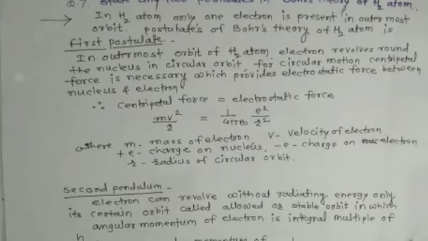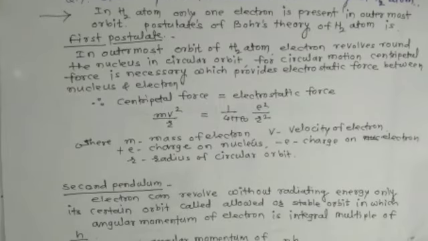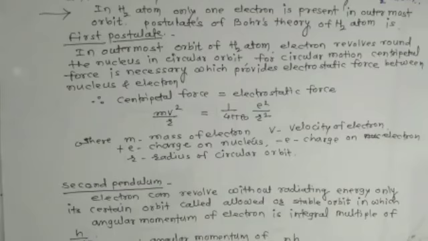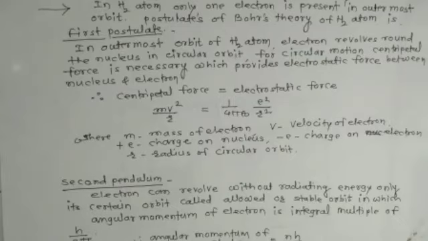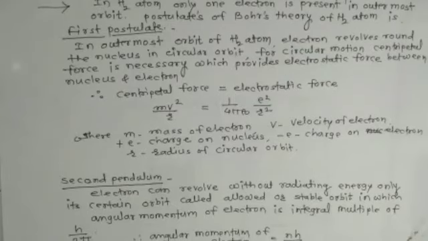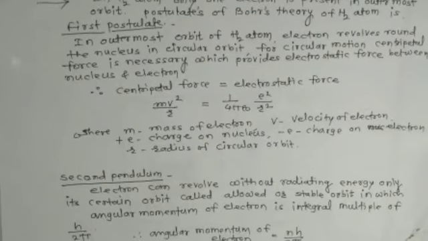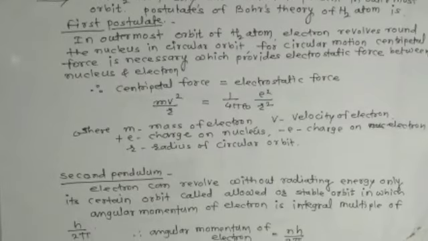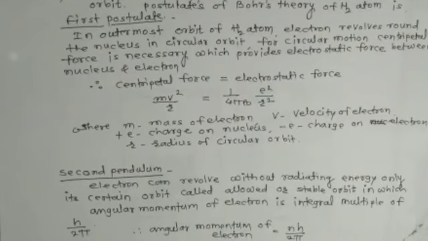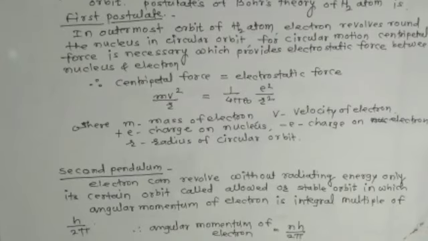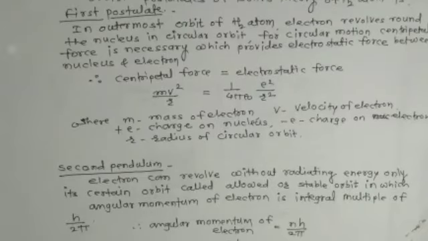So the postulates of Bohr's theory of hydrogen atom are: first postulate, in the outermost orbit of the hydrogen atom, the electron revolves around the nucleus in a circular orbit. For circular motion, centripetal force is necessary, which is provided by the electrostatic force between nucleus and electron. Therefore, centripetal force is equal to electrostatic force.